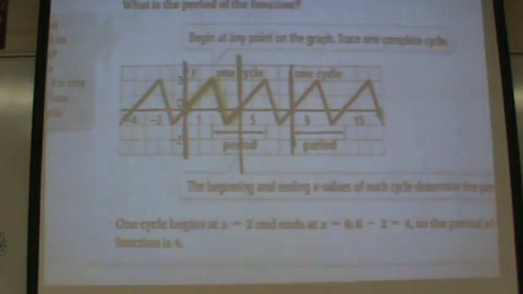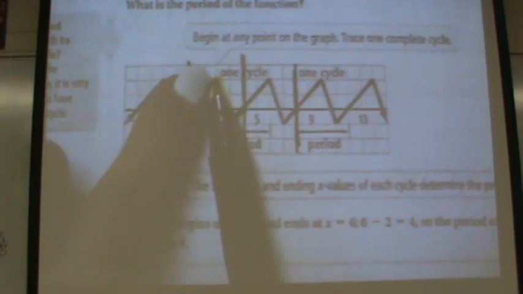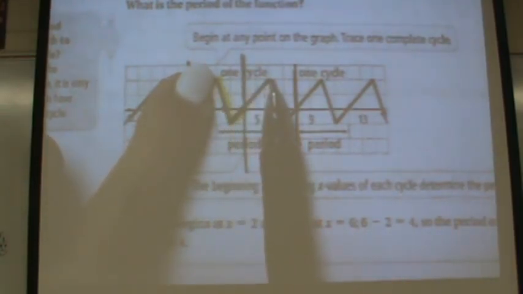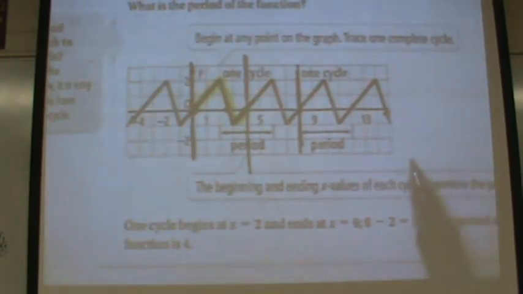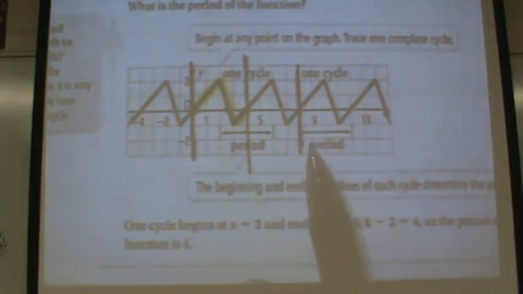The person who wrote this book decided that one full cycle was from this top right here to this top right here. Or you could have evaluated it from here to here. In any case, what is the same?